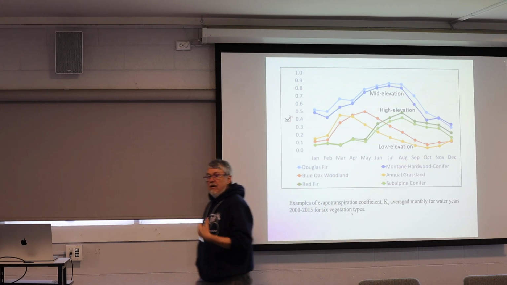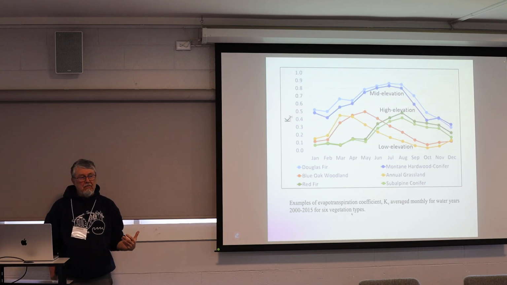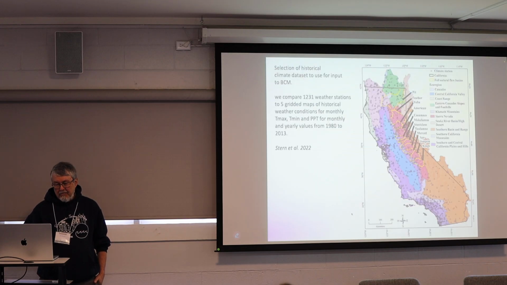So our ET model is capturing what we think of as elevational dynamics in terms of where the maximum ET is going as temperatures warm up, kind of tying back to Jill's comment about when temperature interacts with snow.